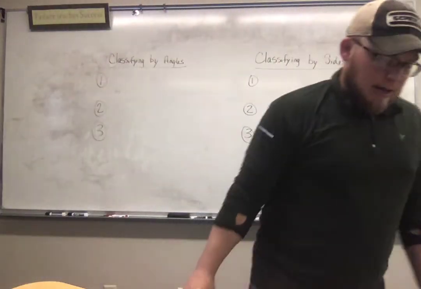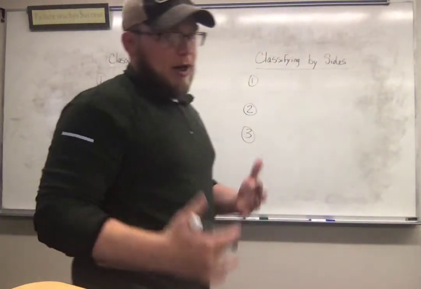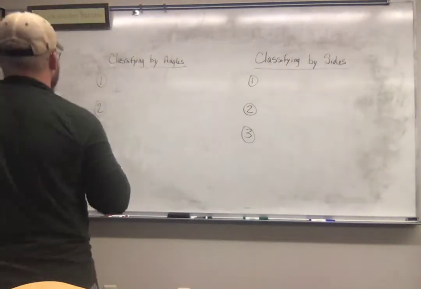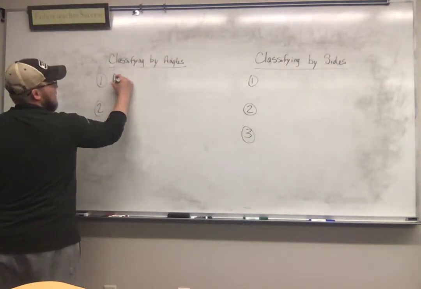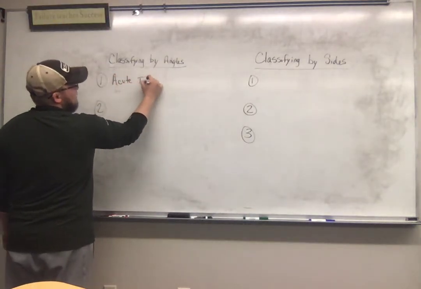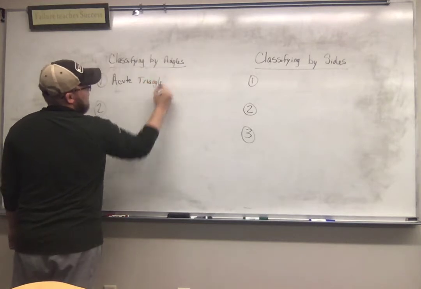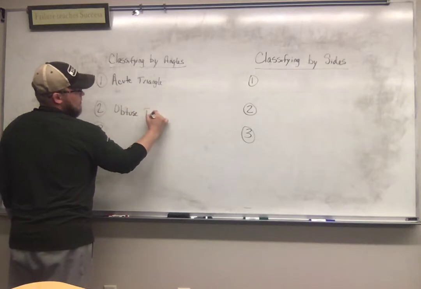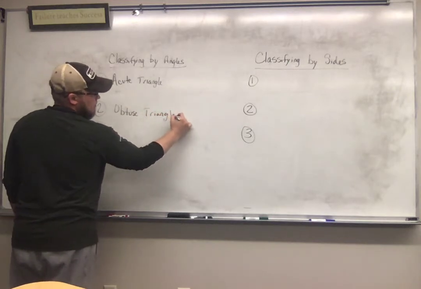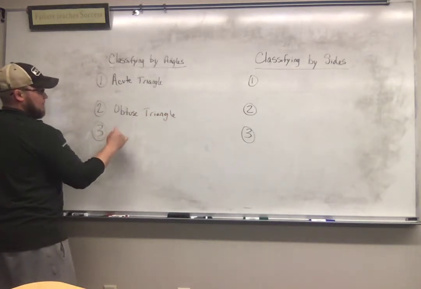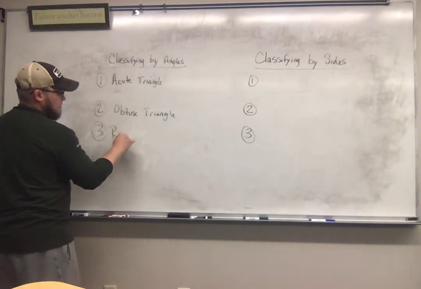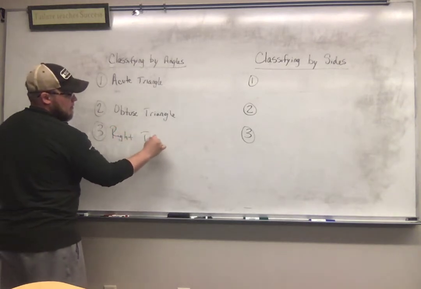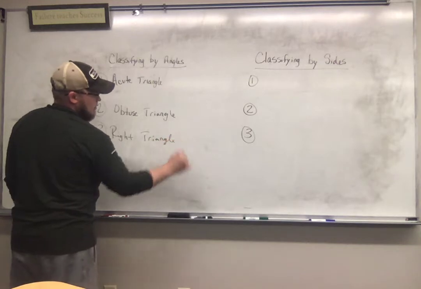So, let's start with the angles, actually, because those are probably the ones we're the most familiar with. There is acute triangle, obtuse triangle, and right triangle.